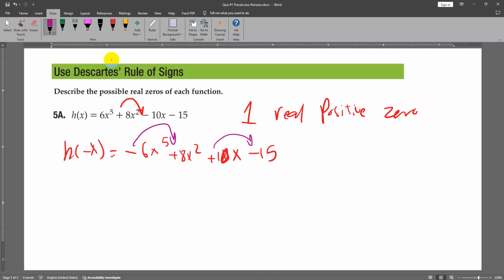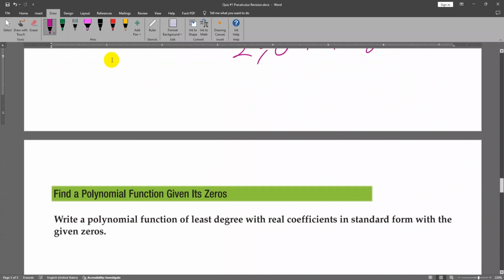We have 2 changes in sign, so we could have 2, and because it decreases by 2, or 0 real negative zeros. So I must have one real positive zero and two real negative zeros or 0 real negative zeros, because both of them could be complex zeros. Okay, this is what I have here. So let's move on.